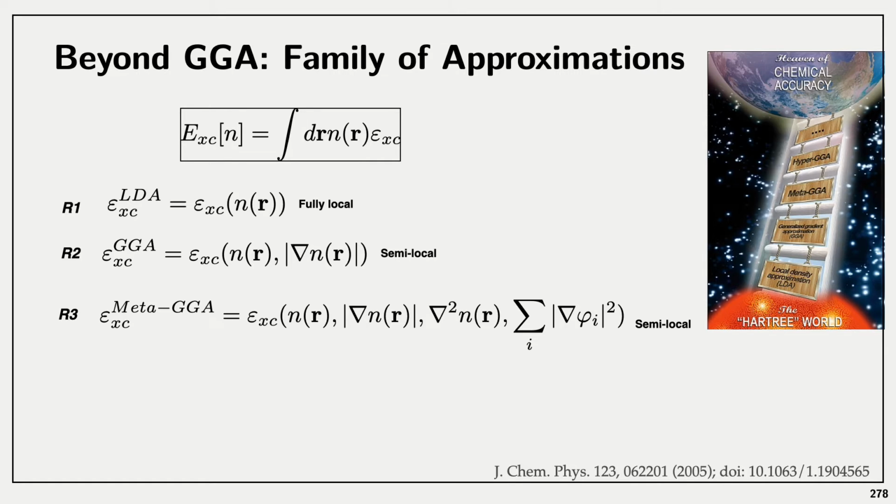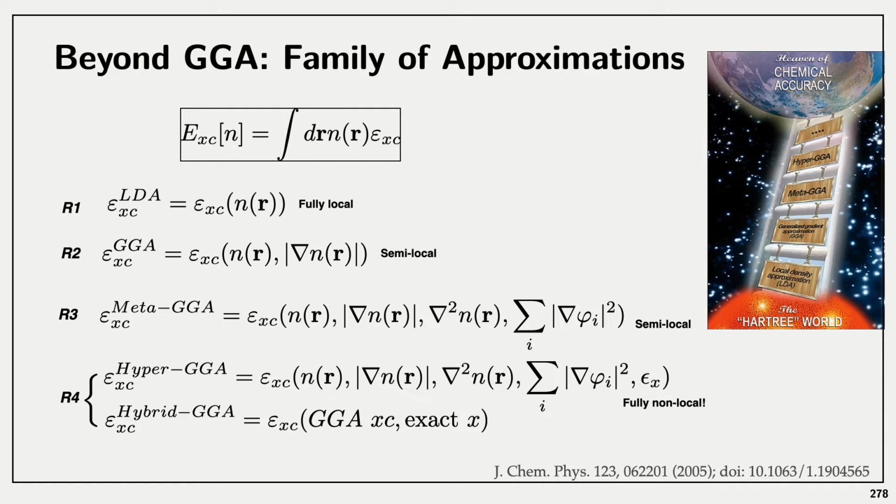We'll spend a little time on that in a future screencast. Then rung 4, which is not the final one, because there are more rungs until we obtain the full accuracy, includes hyper GGA and hybrid GGA, for example. We'll spend a little bit of time on the hybrid GGA. This is pretty much the functional of choice that's used now, certainly in quantum chemistry, but not just. We'll discuss that later.